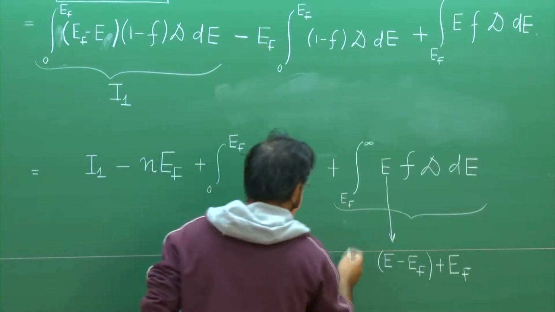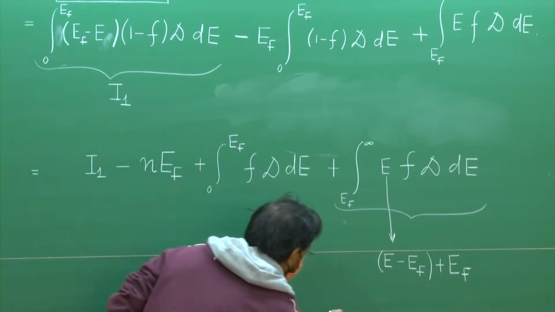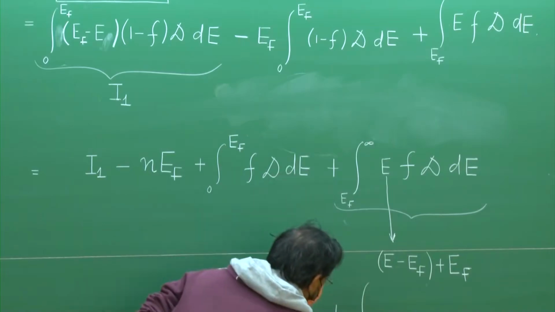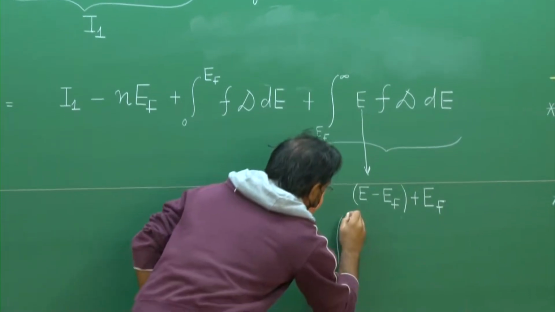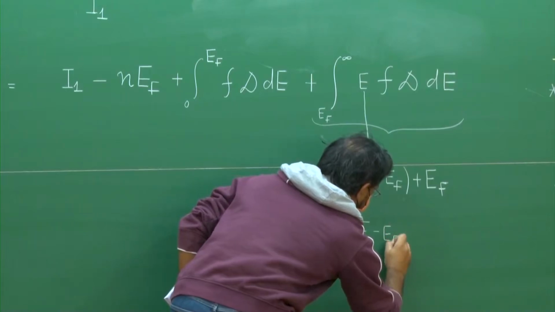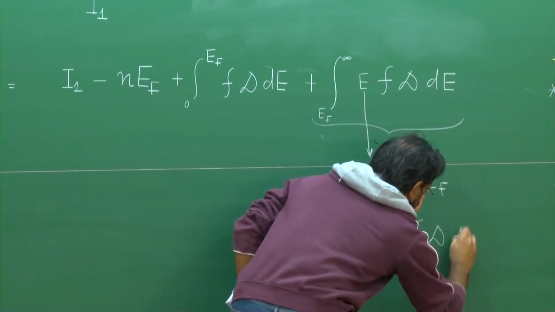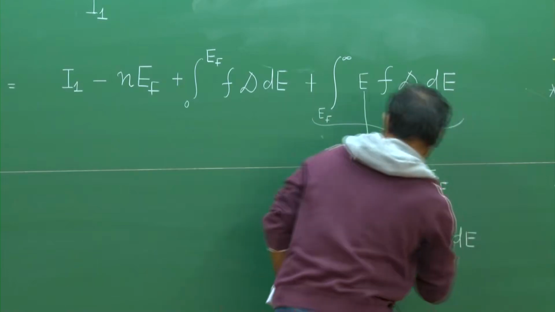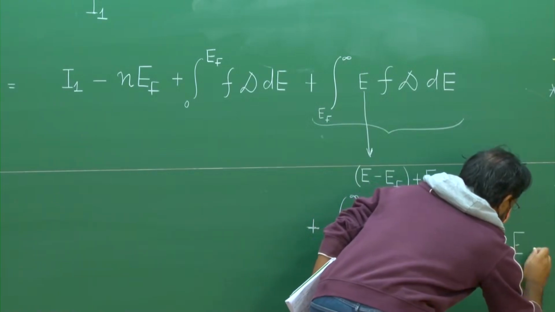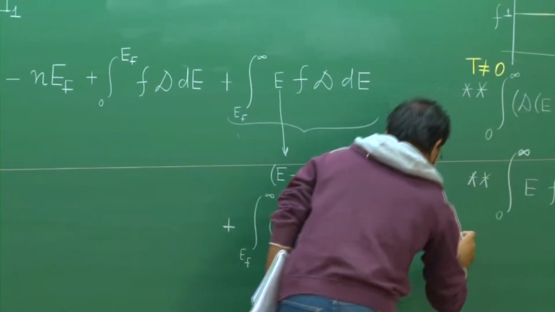If you expand this, I am not touching the first, second and third terms, plus I am just expanding this integral into two parts. So, you have EF to infinity of E minus EF times F dD/dE, plus EF will come out of the integration sign, and you will be left with the integral 0 to infinity.